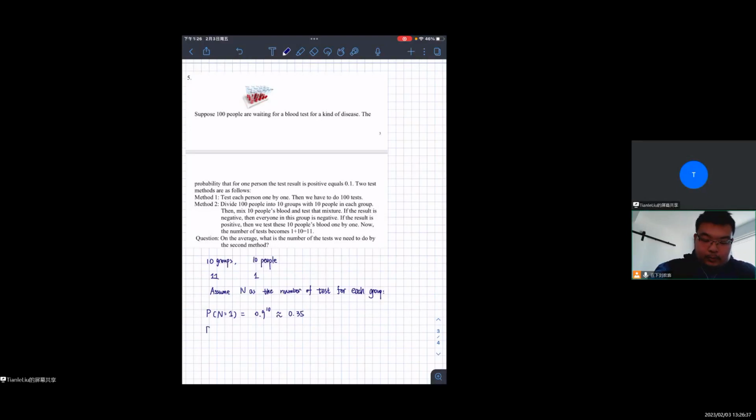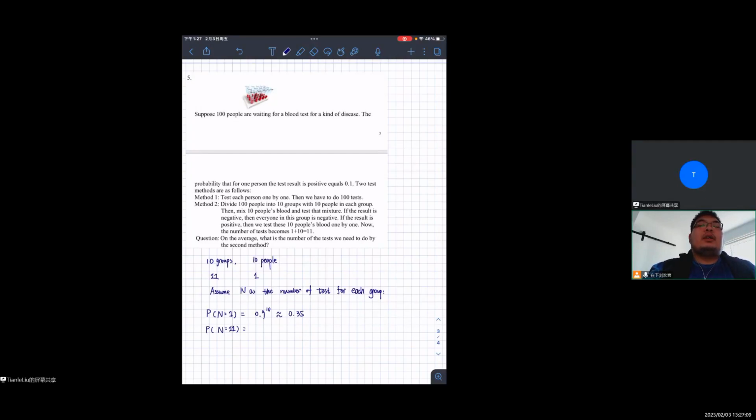Next is the probability of n equals 11. I think this is the tricky part of the problem: under what situation do we need to test all 10 people? That's when we have one or more positive cases in the blood, and when it's mixed up, it will test as positive.